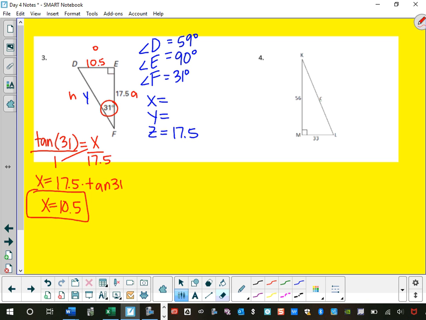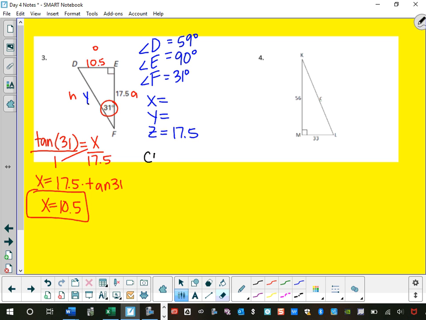I like to always use whatever angle and whatever side they gave us. Lastly, I have to solve for Y. Based off this angle, let's use 17.5 and Y. What trig function do I need for A and H? Cosine.